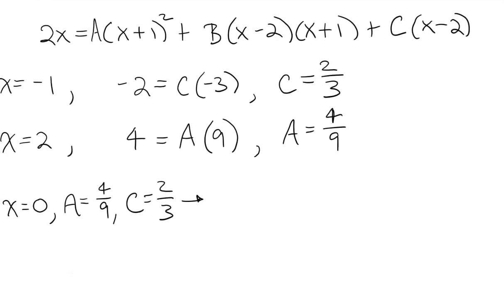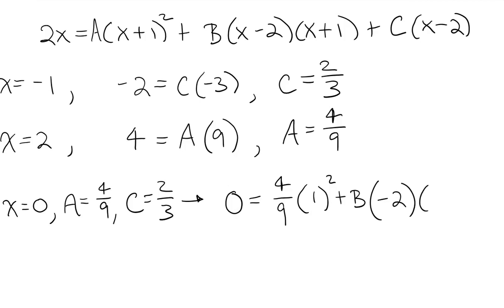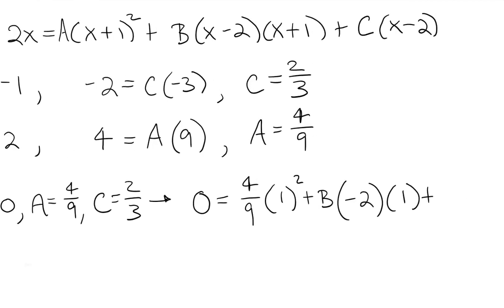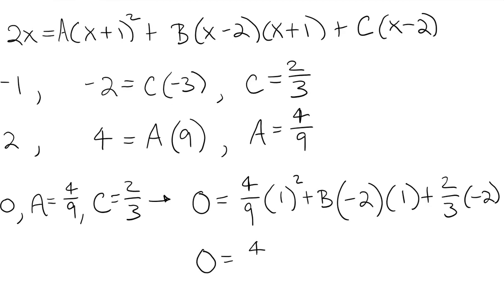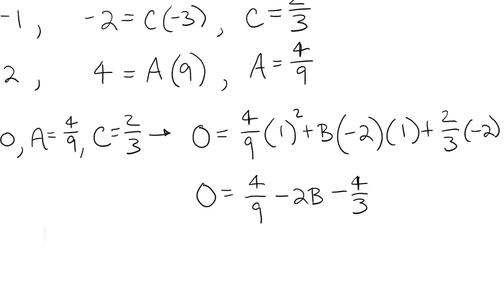So if x equals 0, the left-hand side equals 0, that's equal to 4 over 9 times 1 squared plus b times -2 times 1 plus 2/3 times -2. So 0 is equal to 4 over 9 minus 2b minus 4 over 3.